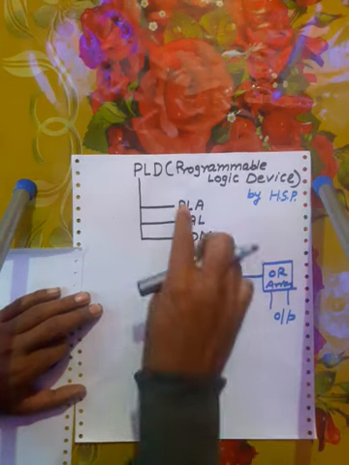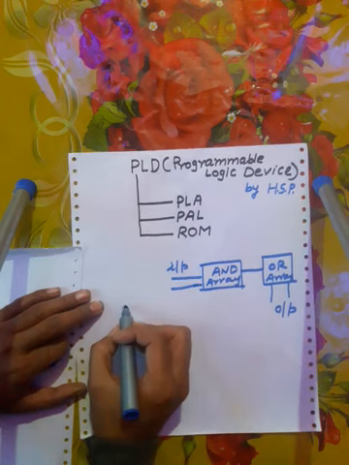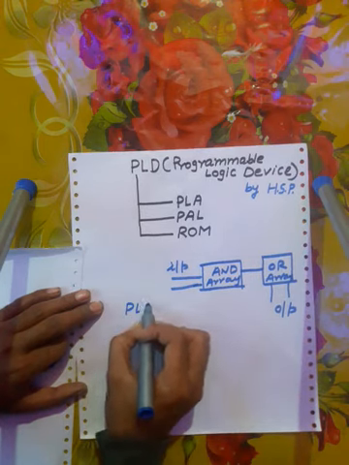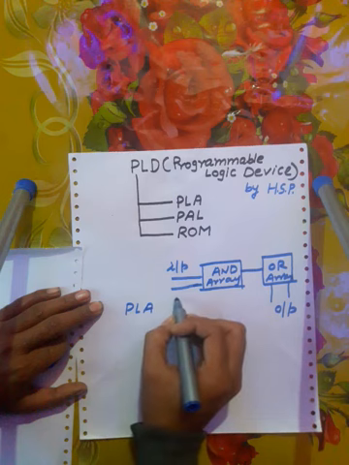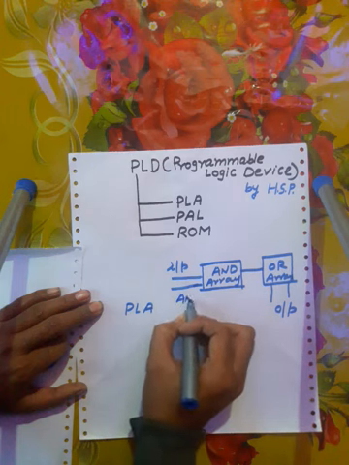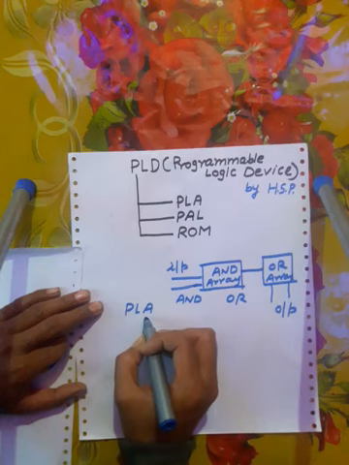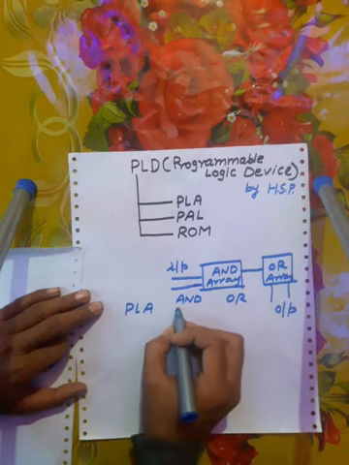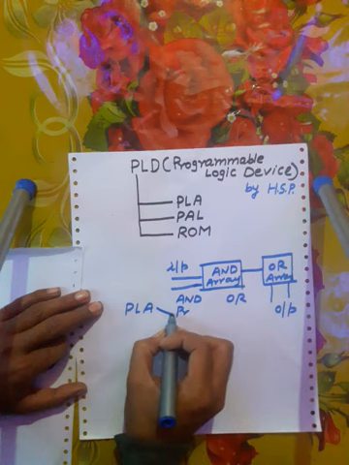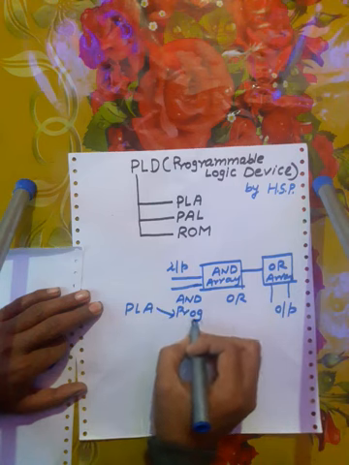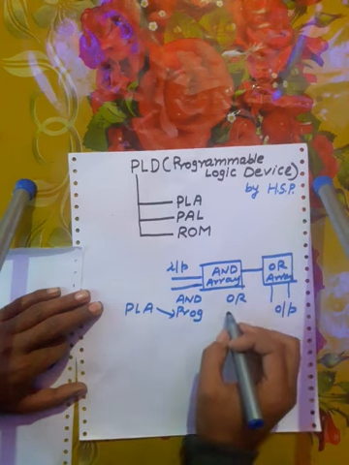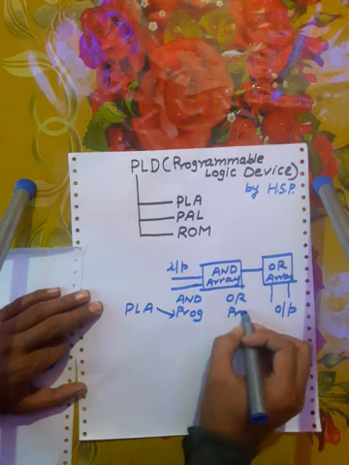Now in PLA, there are an AND array and an OR array. In PLA, AND is programmable as well as OR is programmable.